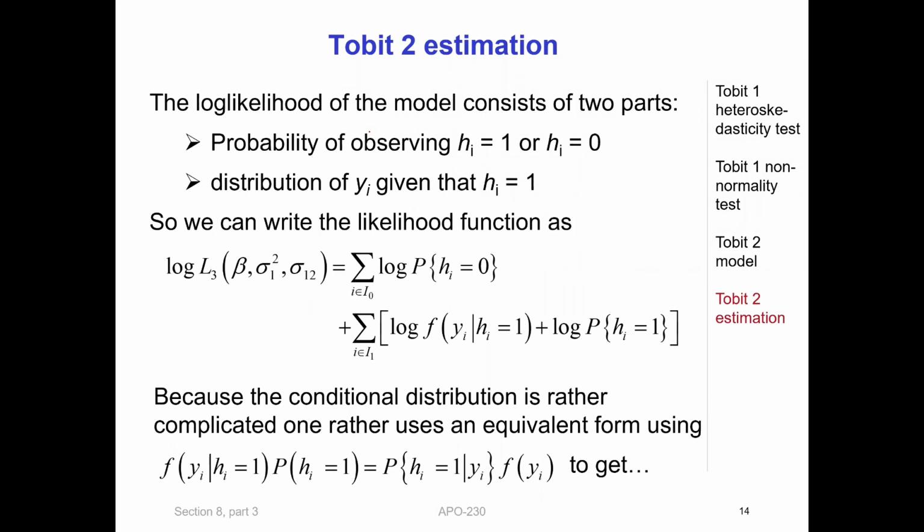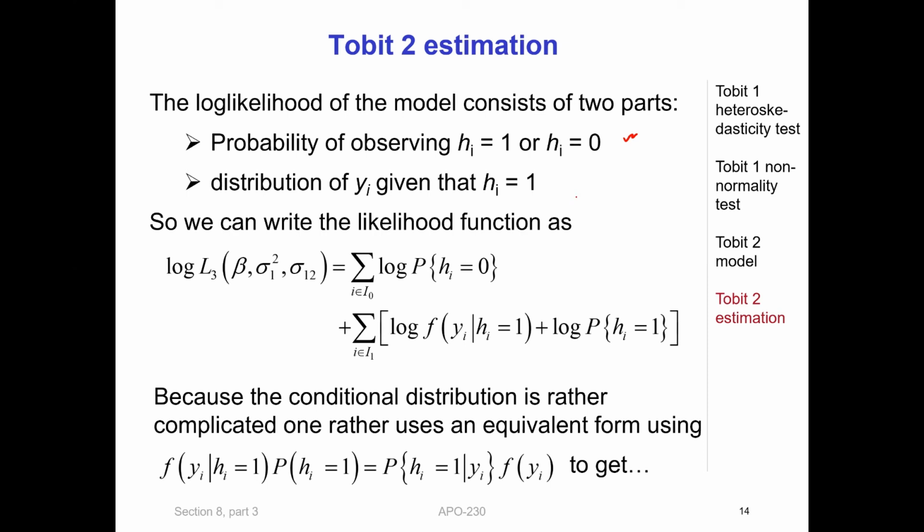Coming to the estimation, let's first look at the log likelihood function of the Tobit-2 model. It's similar to the Tobit-1 model in the sense that the log likelihood function consists of two parts as well. The first part is observing either 1 or 0. We also had that in the Tobit-1 model, remember? And the second part is the distribution of yi given that hi is larger than 0.